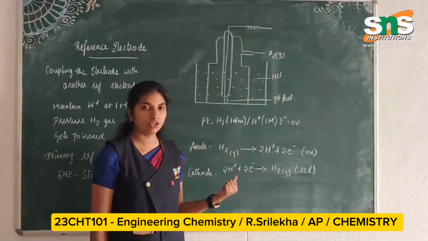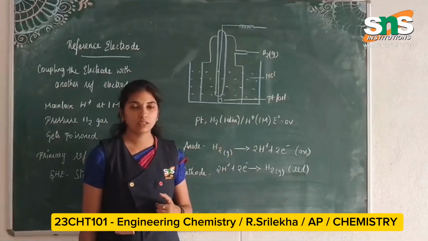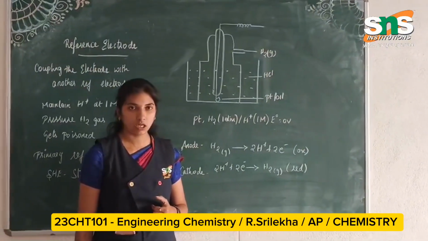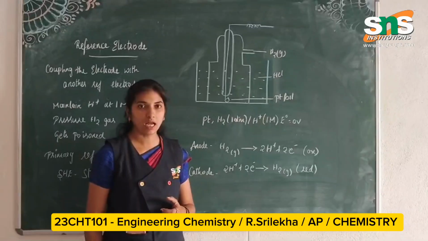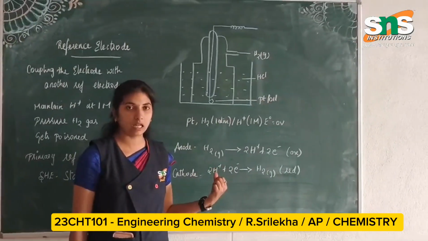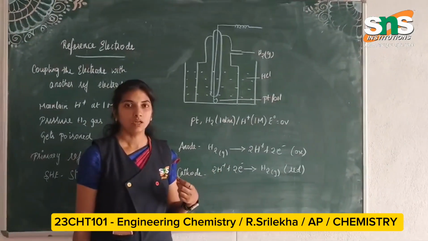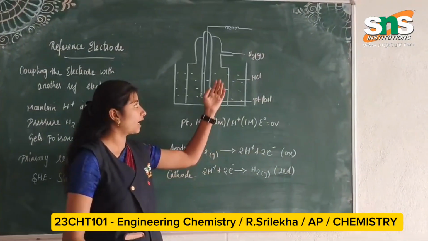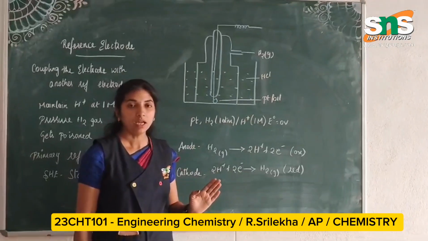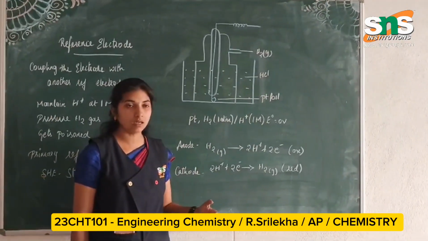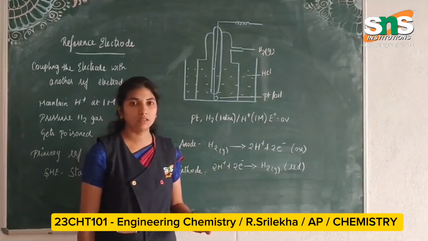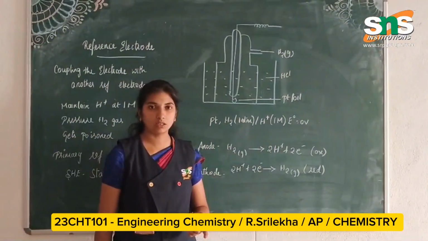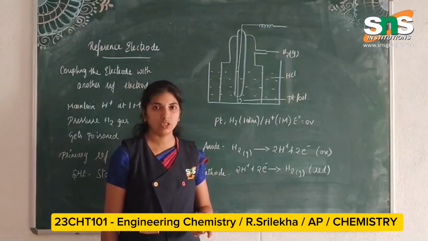So these are the limitations of using SHE as a reference electrode. It can be substituted by using hydrogen in place of 1 M HCl, with only H plus ion, related to the SHE electrode.